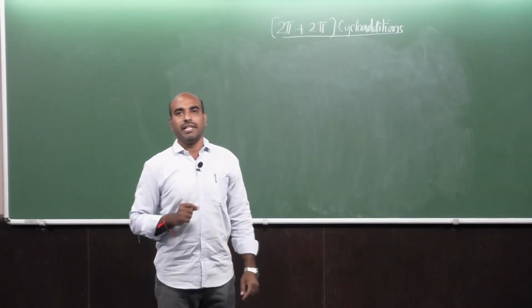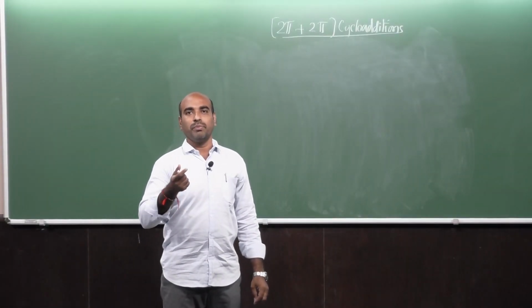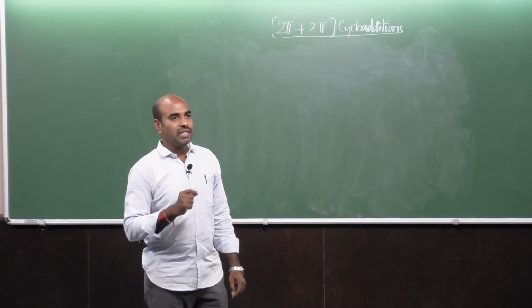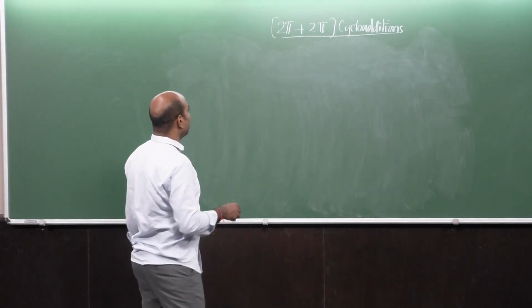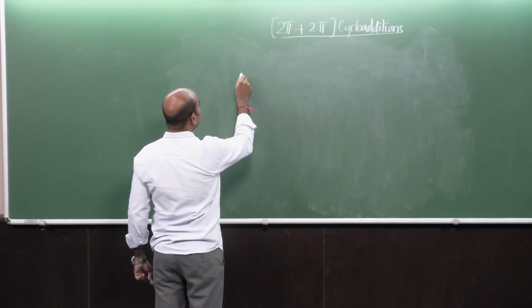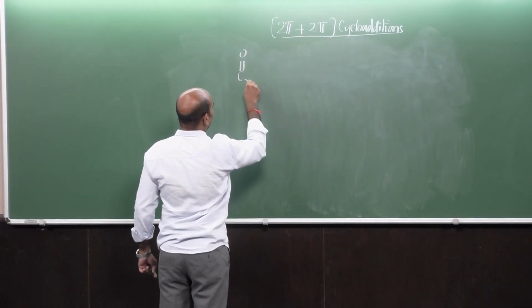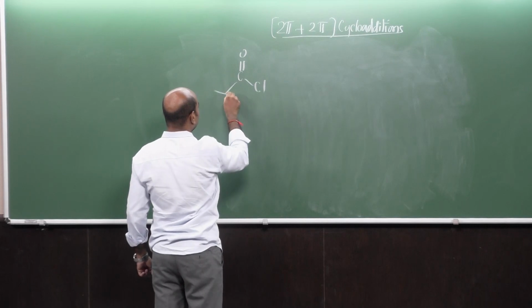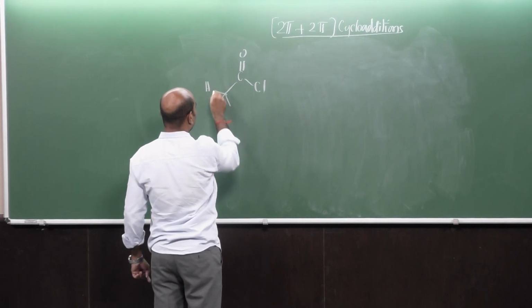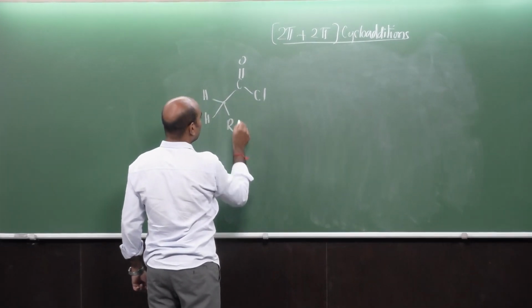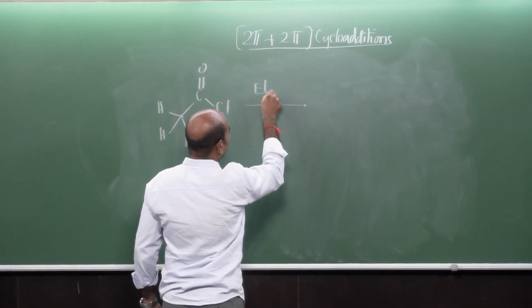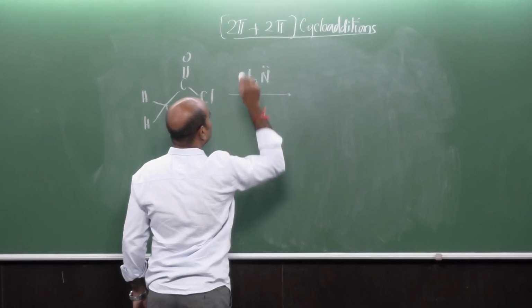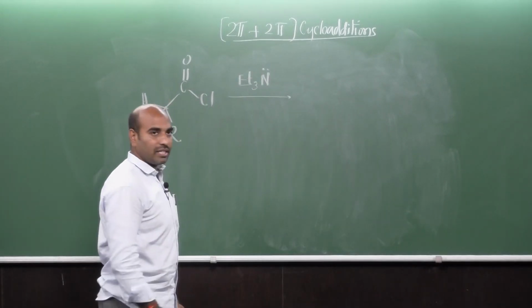So, first we will see how we are able to produce the ketene molecules. Ketenes can be synthesized by different methods. The easiest one is treating the acid halide, which is having at least one alpha hydrogen, with a base like triethylamine. This triethylamine is a base.